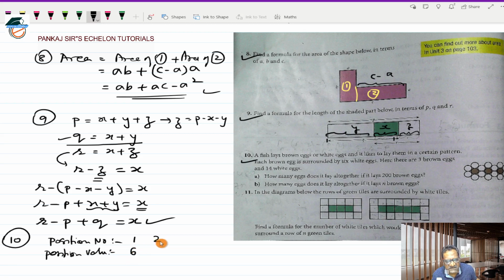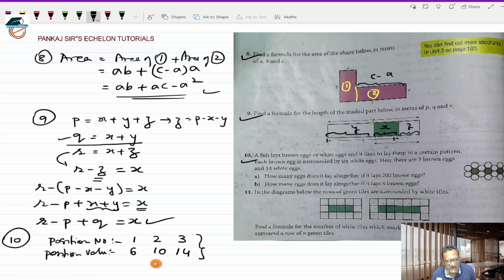When the brown eggs are 2, the number of white eggs should be 10. And when the brown eggs are 3, it is given here, the number of white eggs is 14. So here I get a complete table for position numbers 1, 2, 3, and position values 6, 10, and 14. So this will make a sequence.